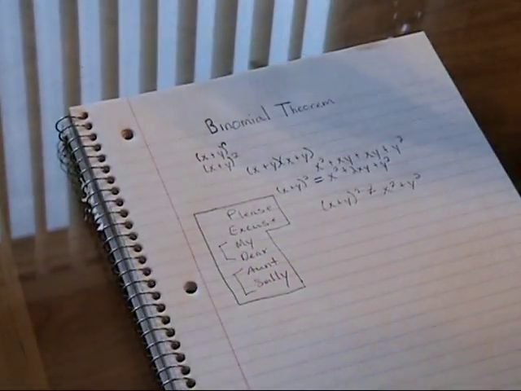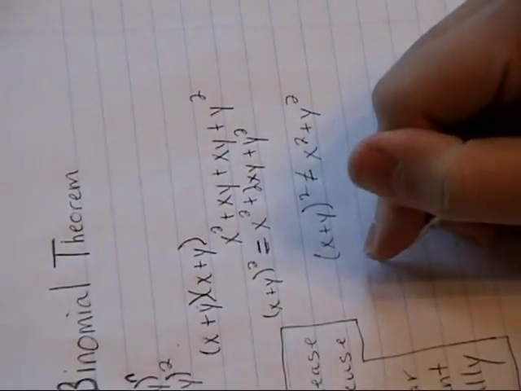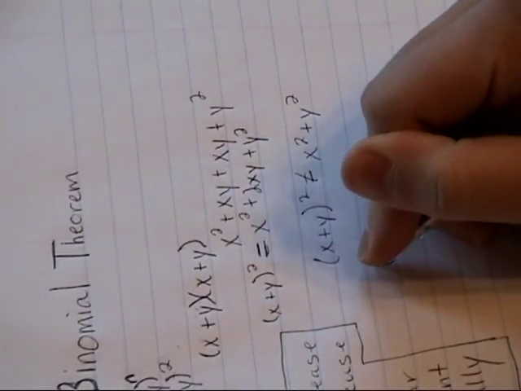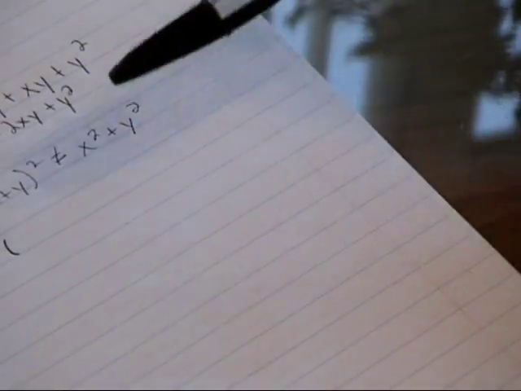And so, the binomial theorem is to do stuff like this easily. For instance, x plus y quantity squared is easy, but if I had x plus y to the 23rd power, if I multiplied it out like this, that would take all day long to do.